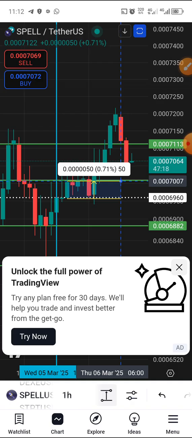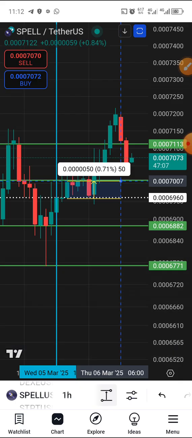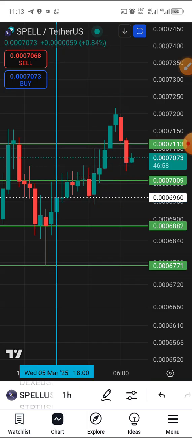Okay? And if you don't want to take that small profit, you are going to take another step. Which step am I talking about? You draw a line from your entry point, like that white dotted line. Okay?